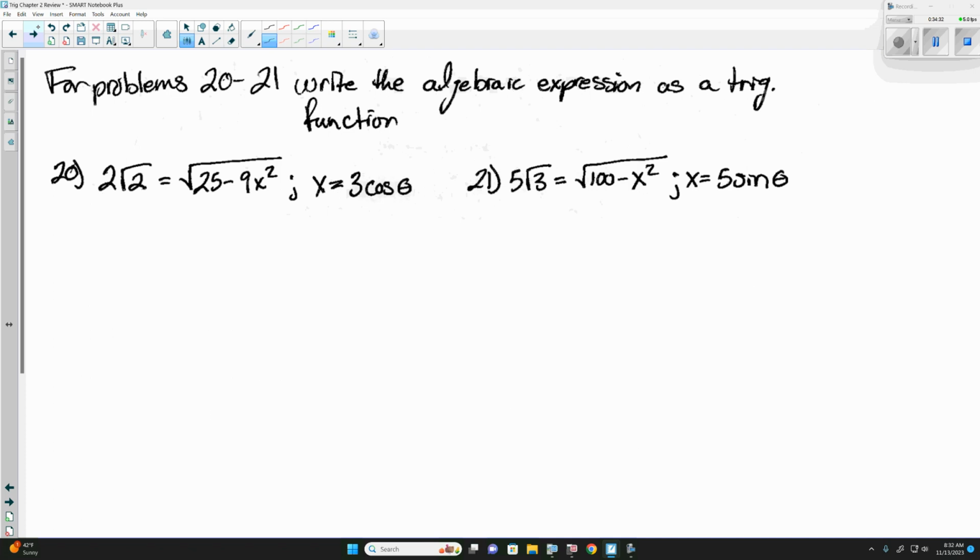Do we want to look at 20 or 21? 21. Write the algebraic expression as a trig function. Okay.